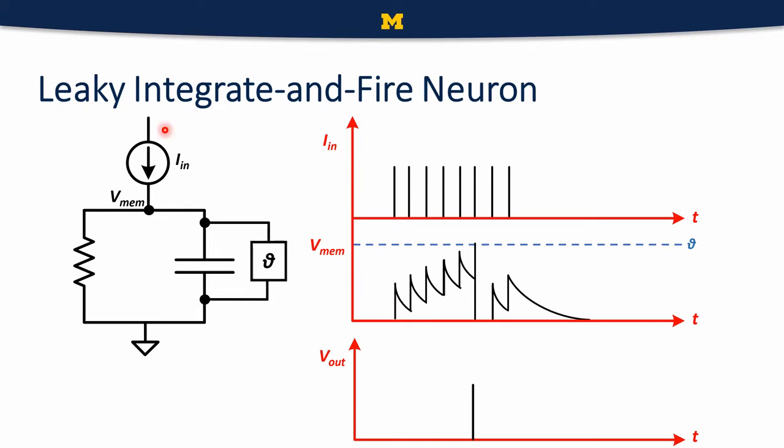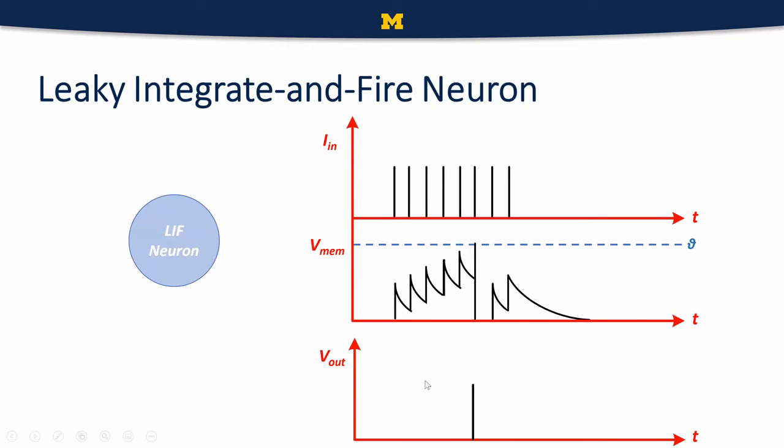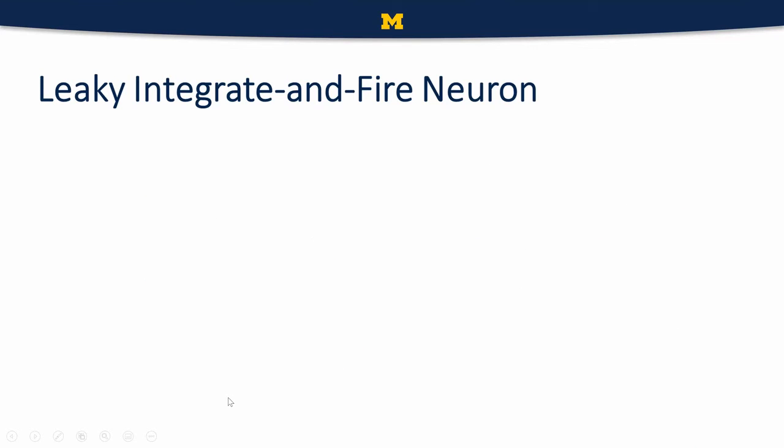So that spike is external to this RC circuit, but it's still there, and we'll see where it goes in a moment. Now, if we encapsulate that into our leaky integrate and fire neuron model, we put that into our little node, then we've effectively captured our LIF neuron model.